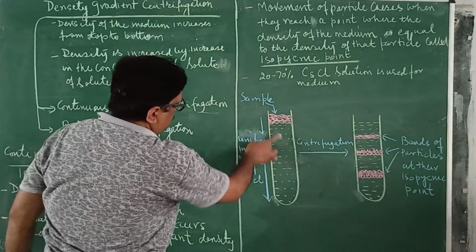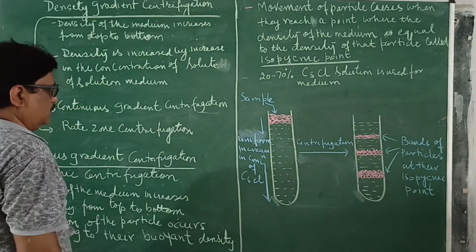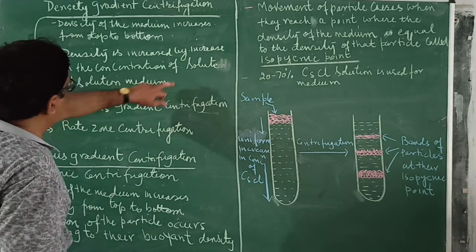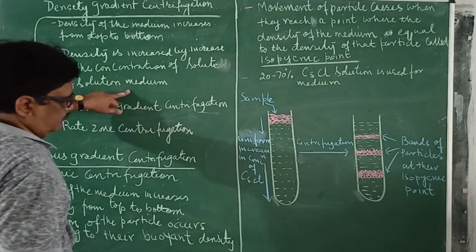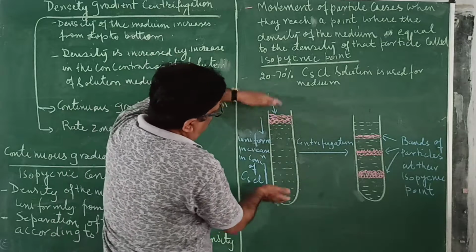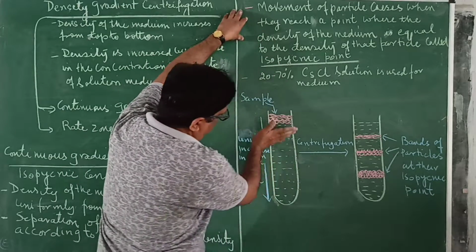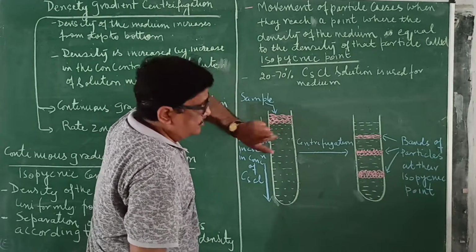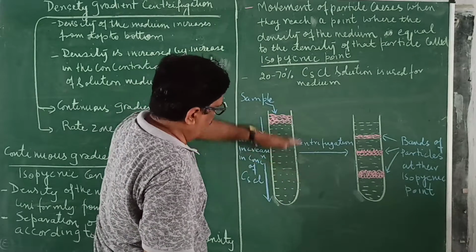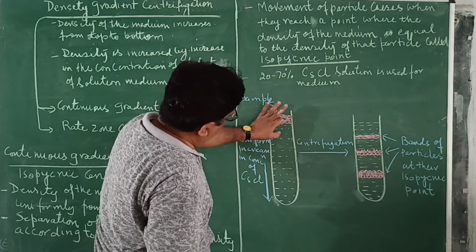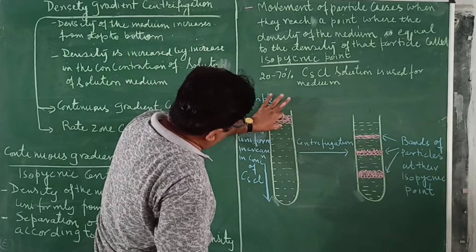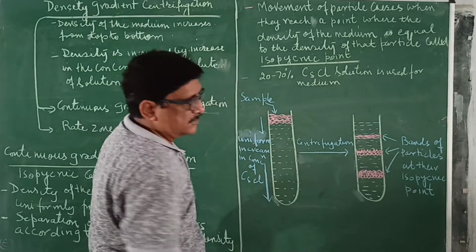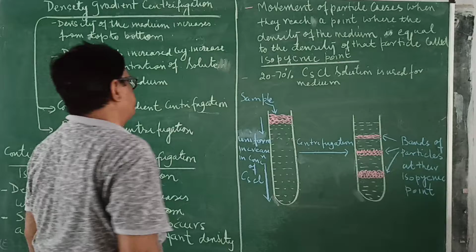This increase in density of the medium is brought about by increasing the concentration of the solute in the solution medium. The concentration of the solute will be minimum over here and maximum over here, and in between different concentrations will be present.